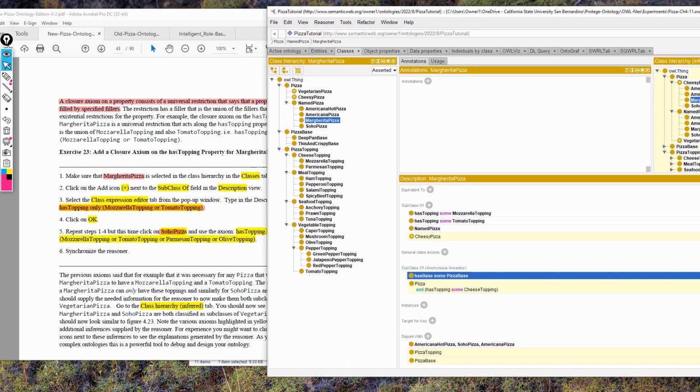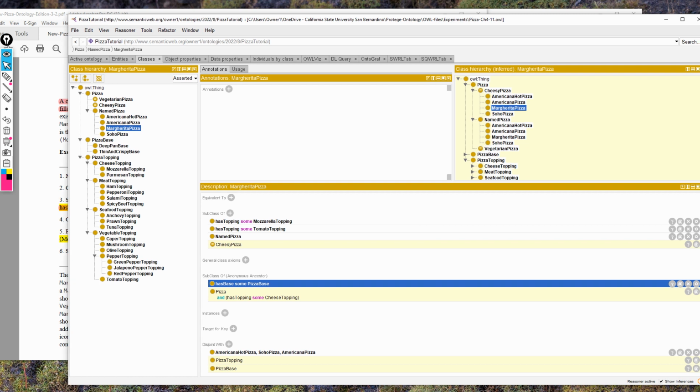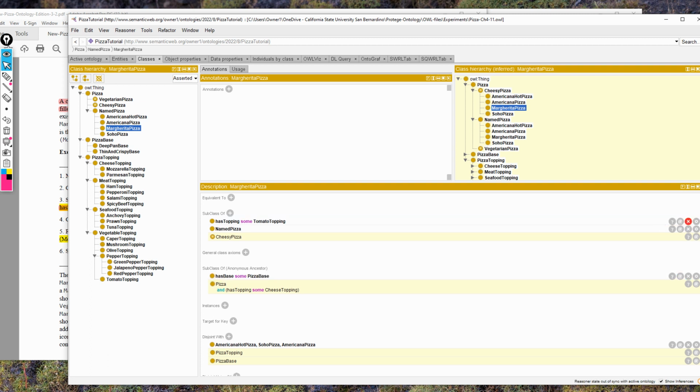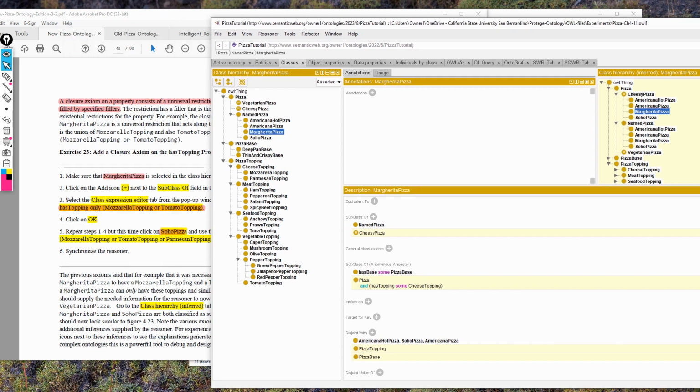Okay, so just go to the margarita. I'm doing exercise 23 and go to the margarita pizza, right? And then I'm going to remove this, and it is still a named pizza, right?